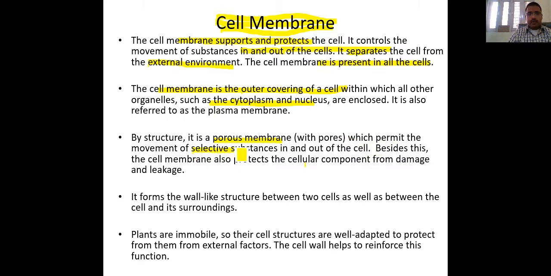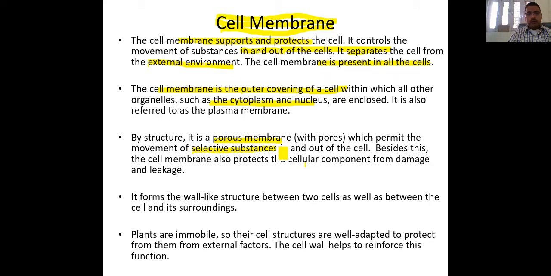It means the quantity which is required is taken in, that is the selective substance, and the substances which need to go out of the cell go outside. If there is wastage, that much waste should get outside from the body, from the living organism, and it goes through only the cell membrane.